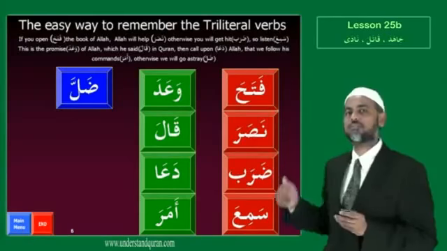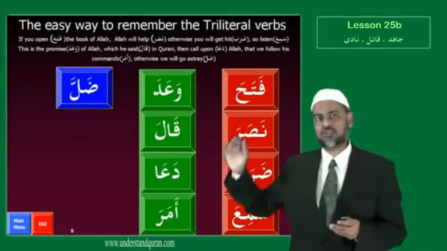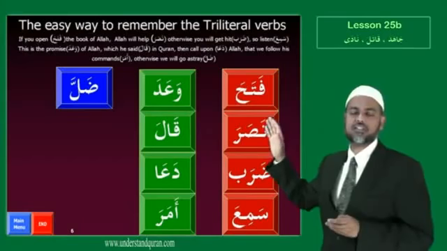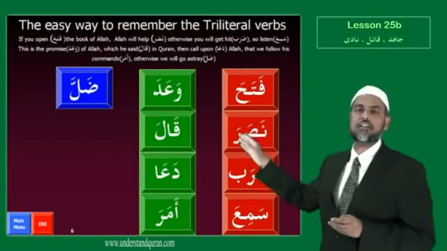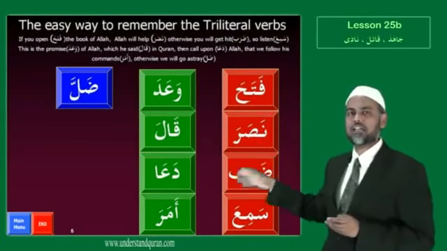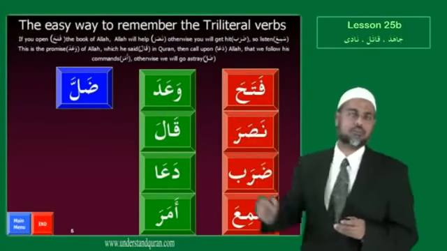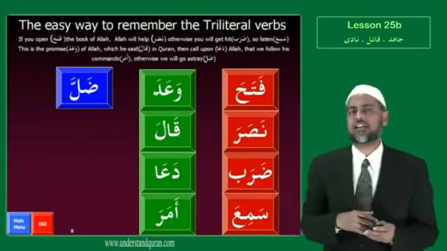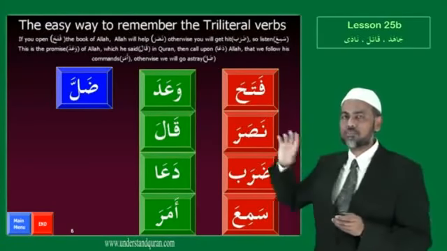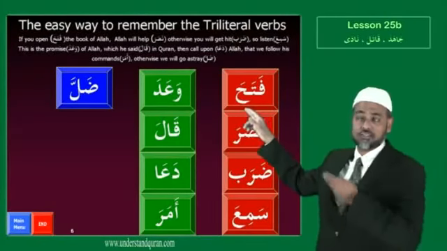Therefore listen. And we learned special cases also where the starting letter is a weak letter, or the middle or ending letter, or there is a hamza there, like wa'ada, qala, da'a, amara, or the root letters are repeated like in dalla. And to remember that, we said this is the promise of Allah, wa'ada, that He will help.